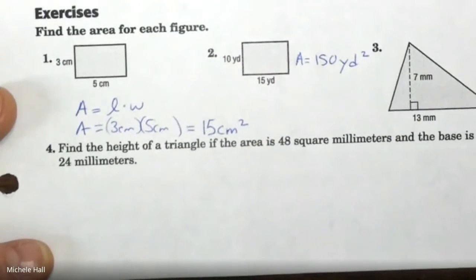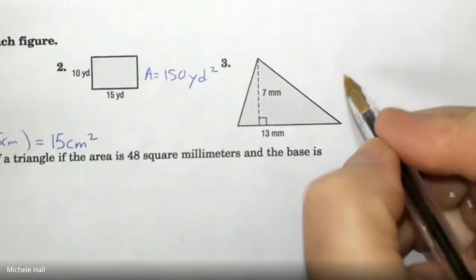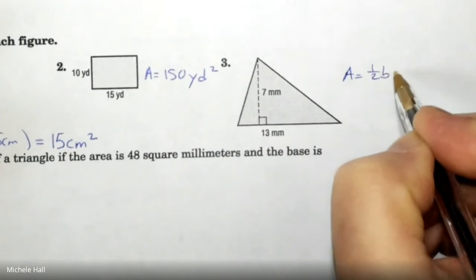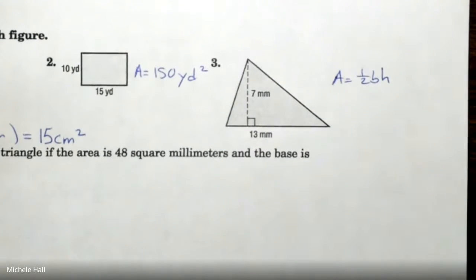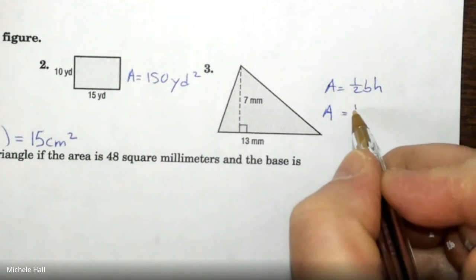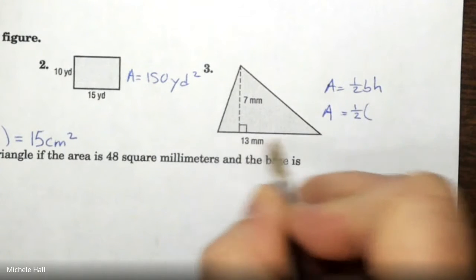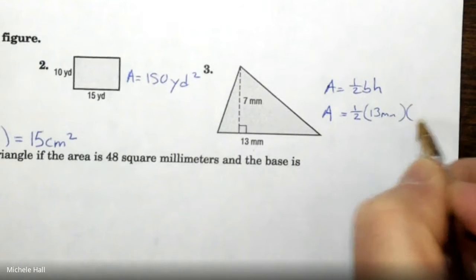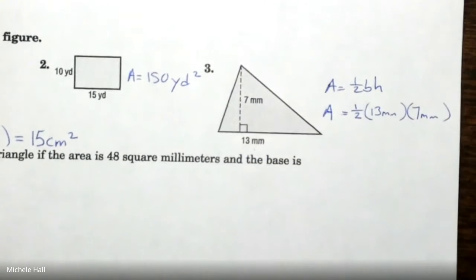And then we have the next figure, area of a triangle. We know that area of a triangle is 1/2 the base times that perpendicular height. The more you write down your formulas, the better it will get into your head. And so our base here is 13. It's at the bottom. The base is 13 millimeters. The perpendicular height is 7 millimeters.